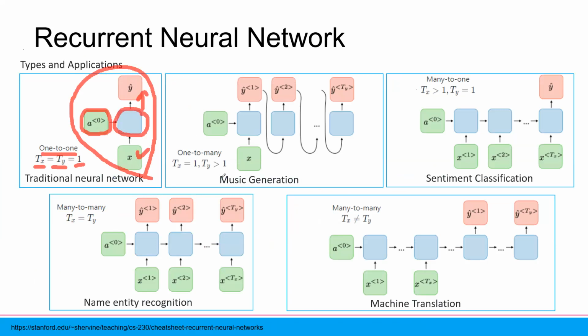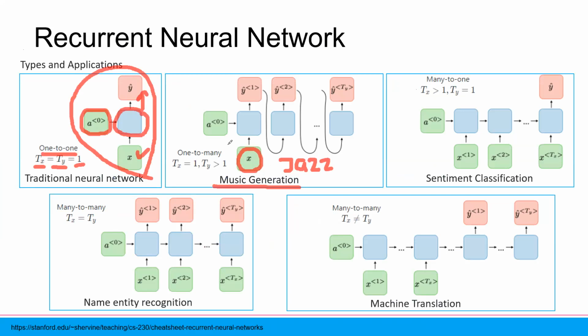But there might be another kind of application, for example, music generation. Let's say I want to give input a kind of music. Let's say the X equals to jazz. I want to have a jazz music.